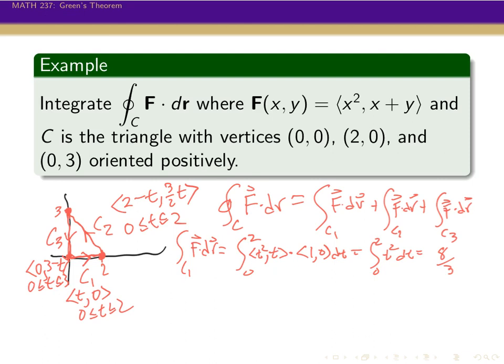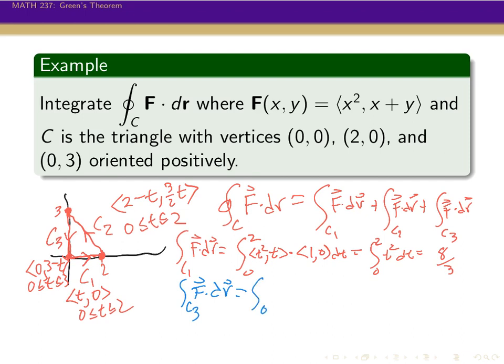So the second one looks like it's going to be a bit of a doozy. So let's skip and do the third one. We'll come back and do the second one last. So C3, this one is similarly nice to C1, except this one, my x's are all zeros and my y's are 3 minus t.